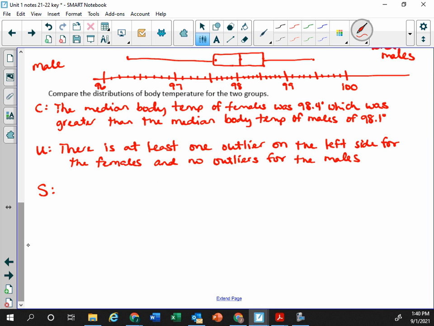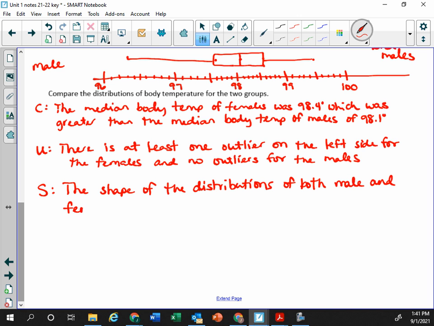So I'd say the shape of the distributions of both male and female body temps are fairly symmetric. Nothing's ever going to be perfect with your data, okay?